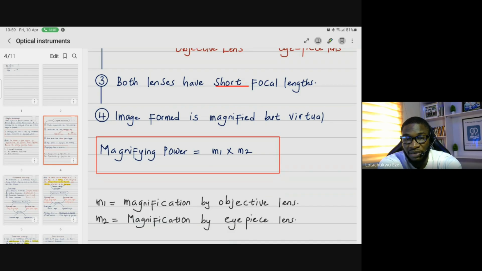So it's more like bringing both of them together, right? When you bring both of them together, it gives you the magnifying power for a compound microscope. They're going to give you the value for the objective lens and the value for the eyepiece lens. So when you bring both together by multiplication, you now have your magnifying power for a compound microscope. All right.